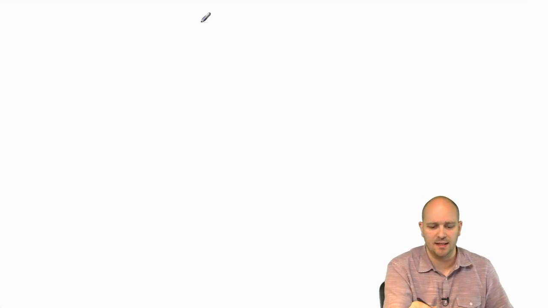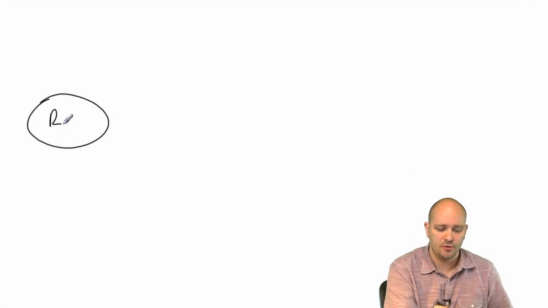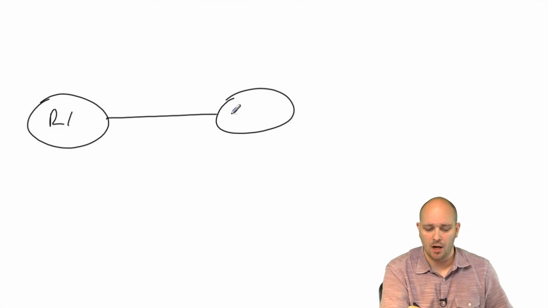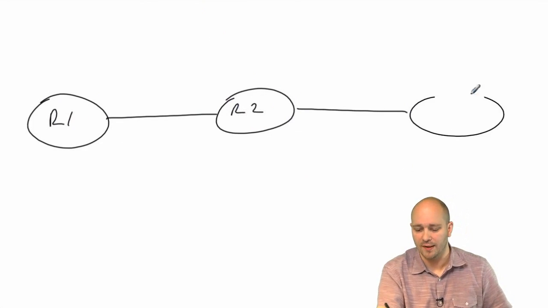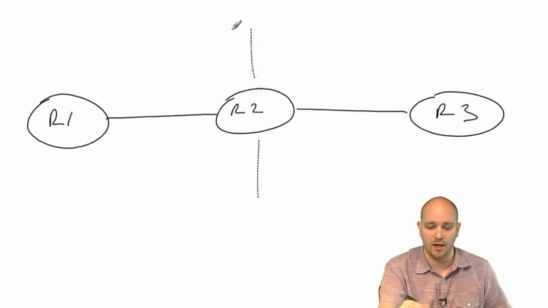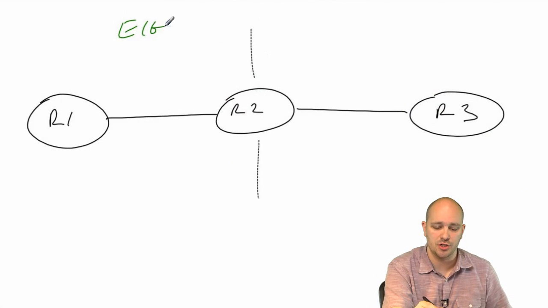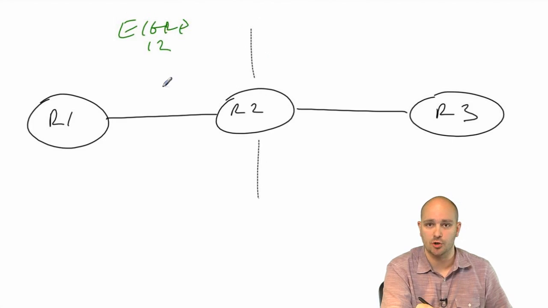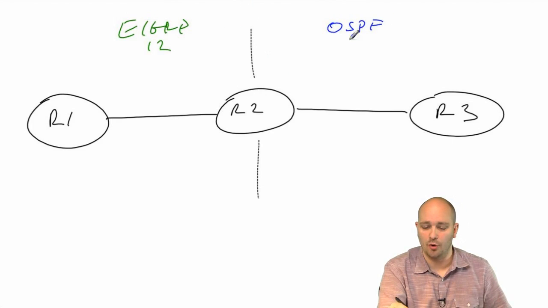Let me explain this in a little bit more graphic way. Let's say that we had three routers, R1, R2, and R3. And let's say that between R1 and R2, we were running EIGRP, AS number 12, and here we were running OSPF in area 0.